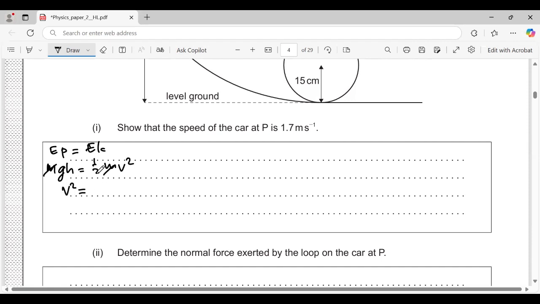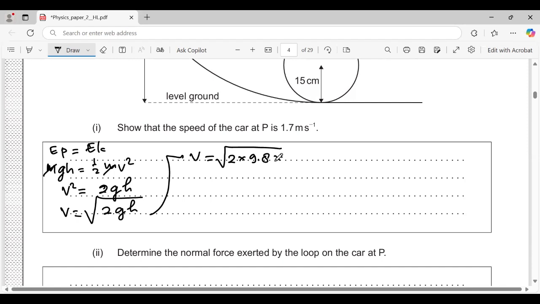So we can write v squared equals 2g times h, or v equals square root of 2gh. We can substitute the information: v equals square root of 2 times 9.8 times 0.15. That is 1.72 actually, but if you round off it becomes 1.7 meters per second.